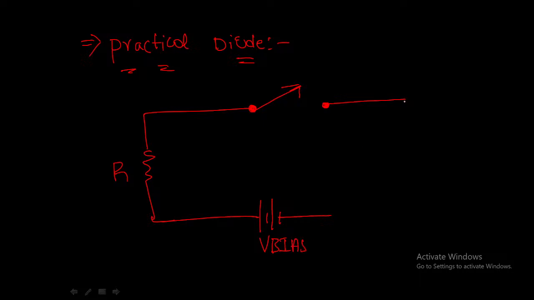Okay, so this is the practical diode model for reverse bias condition. I hope it is clear. This indicates that there is no current flowing through the diode in the reverse bias condition.